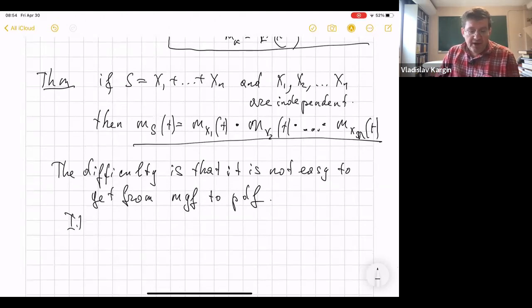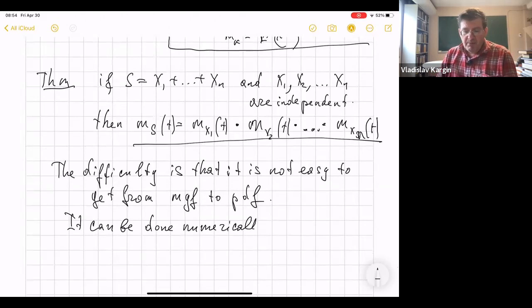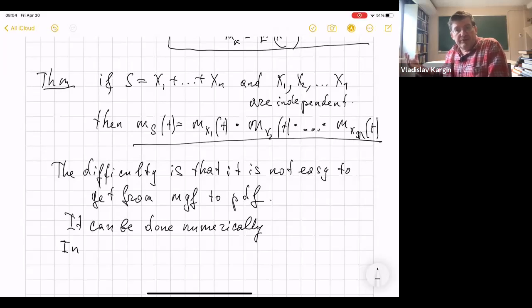It can be done numerically, and that's usual in mathematics: numerically it's okay, but you need some analytical formulas. And in mathematics, it turns out that there are some specific examples in which you can do it, and because of this they are very important. All other examples just become approximations of these.